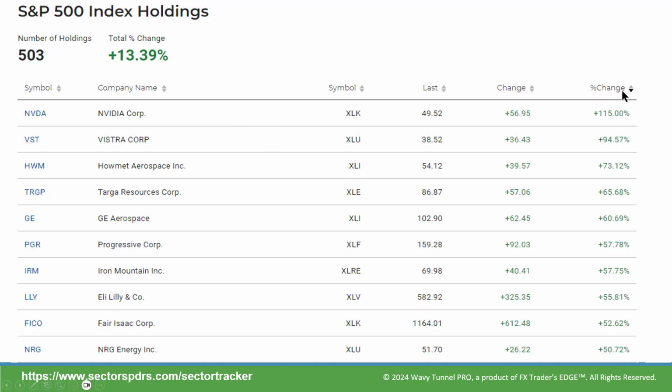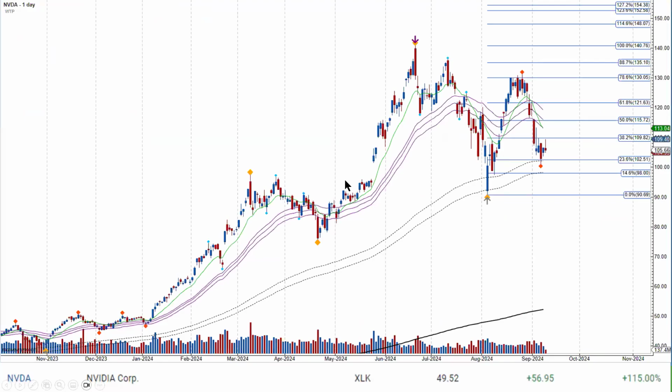So I just searched for this came up, and I just clicked on percent change. So this is the highest percent change, and this is as of yesterday. And so again, because we had the sell-off, these numbers were much higher. Okay, but I'm going to show you a lot of these stocks to show you the patterns, because I want you to learn the patterns.